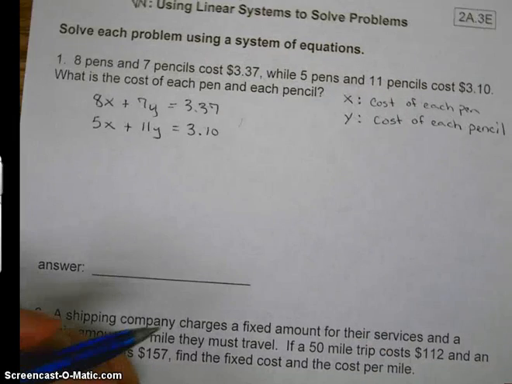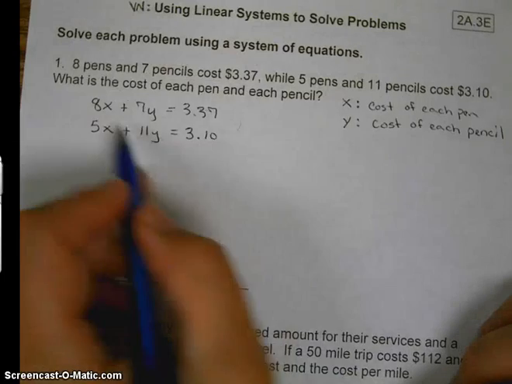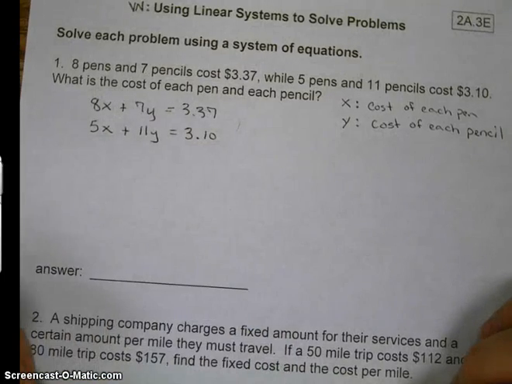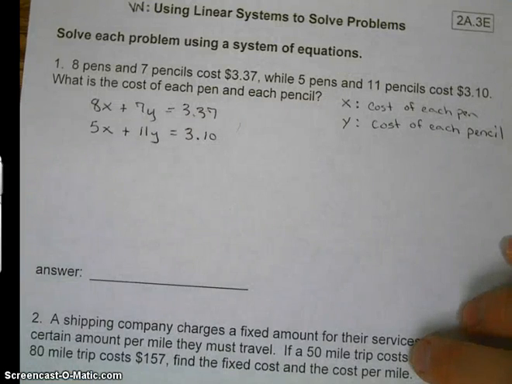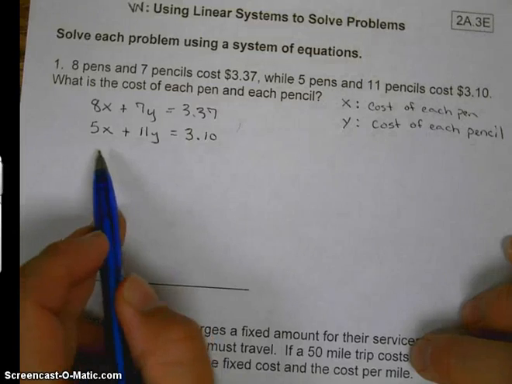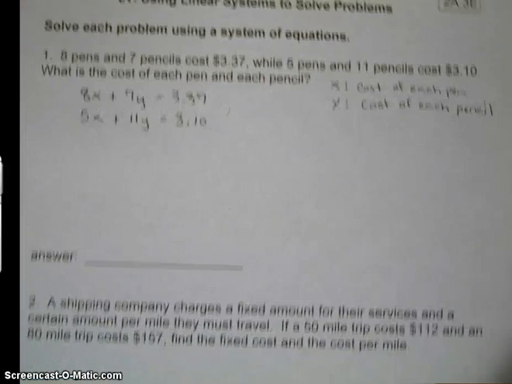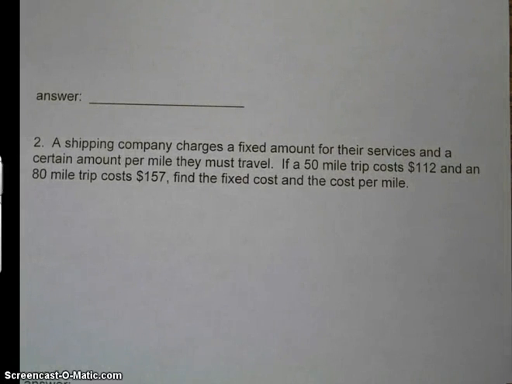And since the TEK is formulating systems, here it is. You formulated it, you created it, you made the equations from words. So well done. So I don't want to spend a lot of time. We'll look at solving these a little bit later. Let's move on to the next problem and let's formulate the equations for this problem.